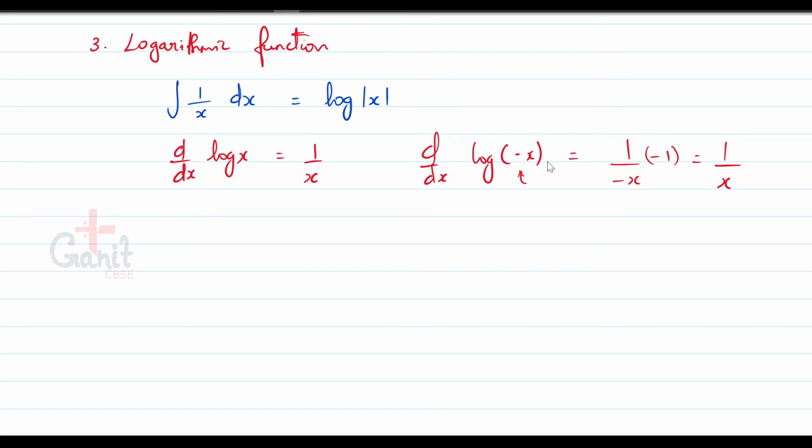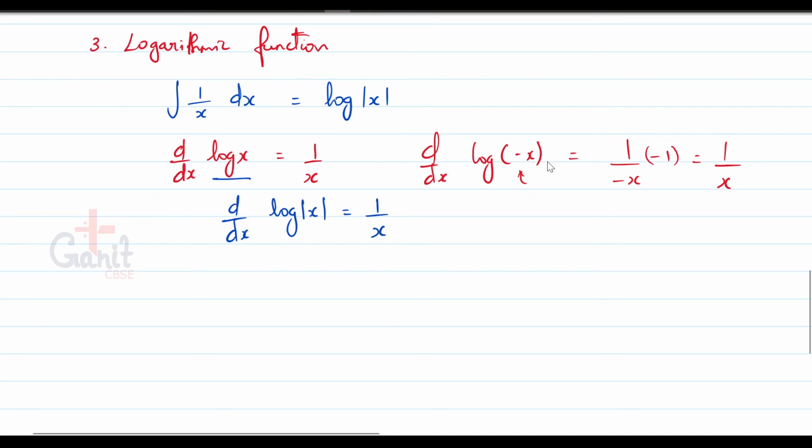So if I differentiate log of x, I am getting 1 by x, as well as if I differentiate log of negative x, I am getting 1 by x. In both cases I am getting 1 by x. So I can write the differentiation of log modulus of x, because it includes positive and negative of x, gives you 1 by x.